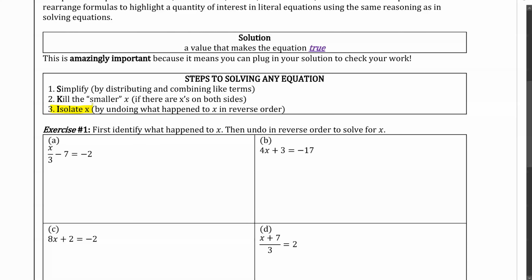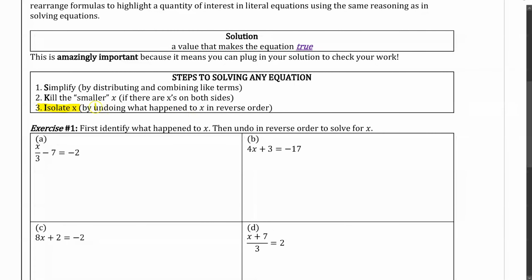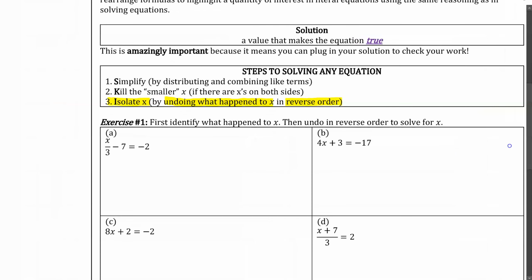And the way that we isolate x is we undo what is happening to x, and something I want to point out is this reverse order business. So if you think about Unit 0, we learned about order of operations, which means that the original problem likes to follow GEMDAS, right?